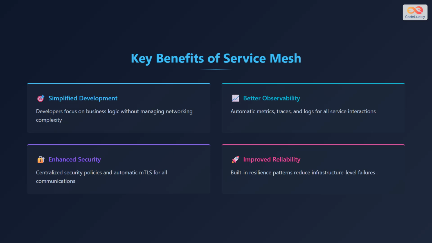Third, you gain enhanced security through centralized policies and automatic encryption between all services. Finally, service meshes improve reliability by providing built-in resilience patterns that reduce failures at the infrastructure level. These benefits make service meshes valuable tools for managing complex, distributed systems at scale.